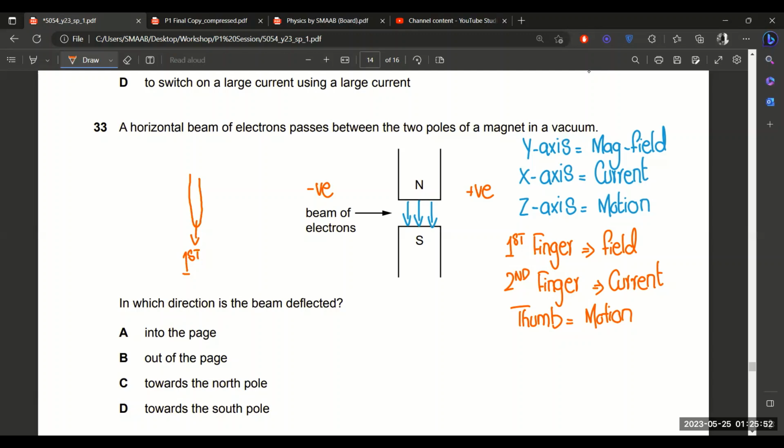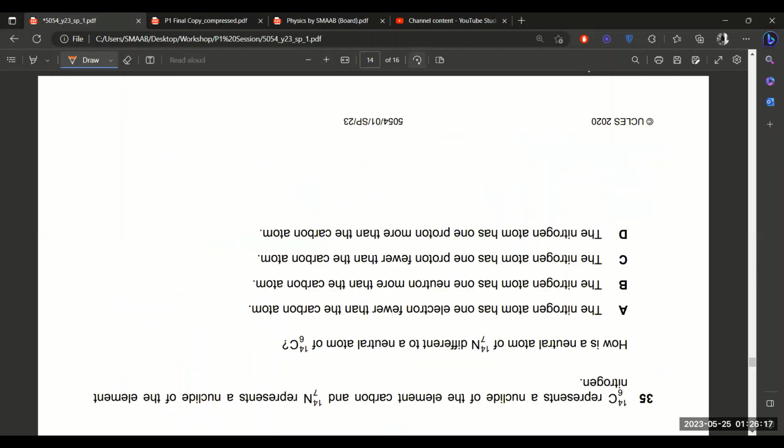And if you find it difficult to arrange your three fingers of the left hand rule according to the direction in the diagram, you may rotate your paper like this. If your paper is in portrait form, you rotate it to landscape form, right? Let's suppose we rotate this paper like this.